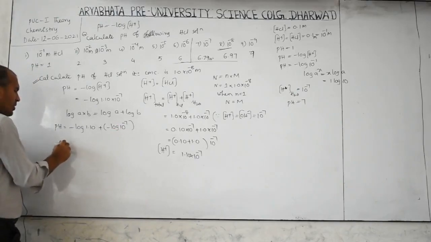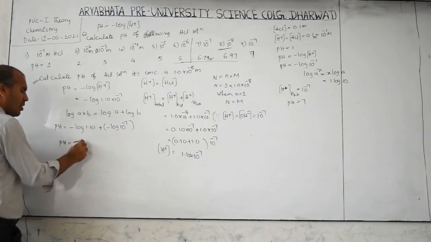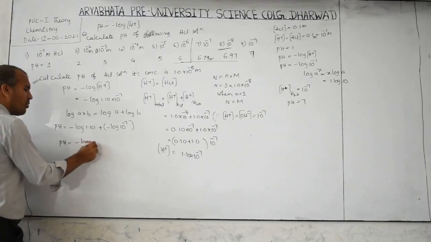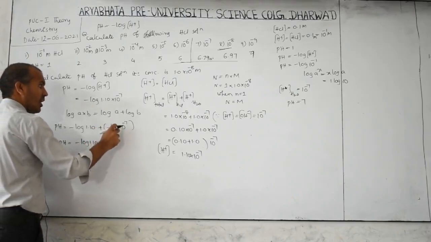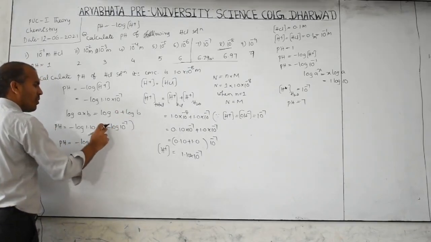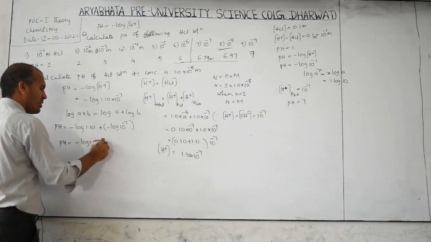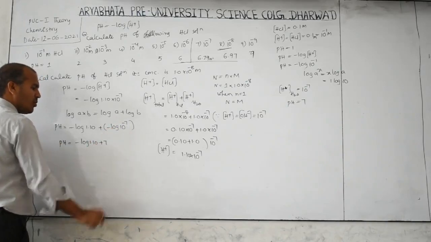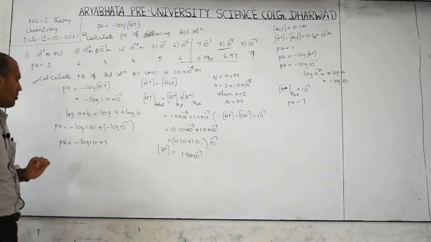Now pH is equal to minus log 1.10, and this is in A power X form, so minus into minus is plus, plus 7 log 10, and log 10 value is 1, therefore 7.